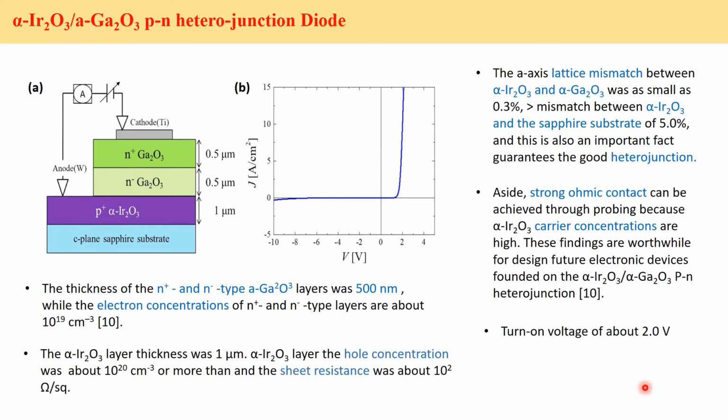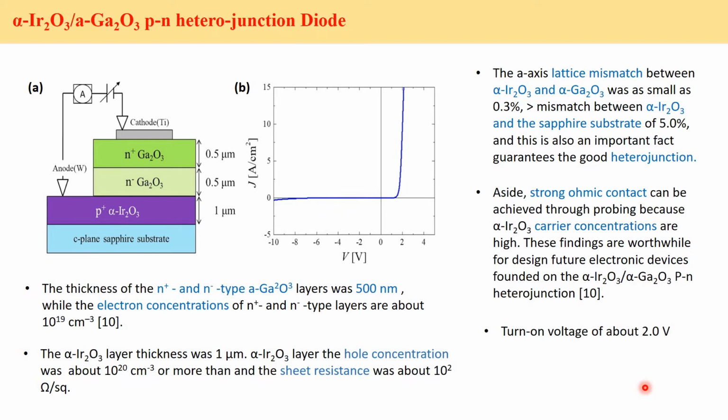So now I am going to discuss some achievements in terms of power device development. First I am going to talk about the PN heterojunction diode. This is the alpha iridium oxide and alpha gallium oxide PN heterojunction diode.